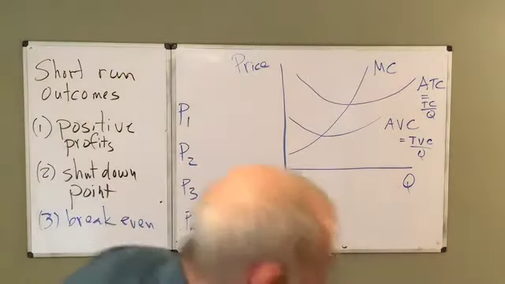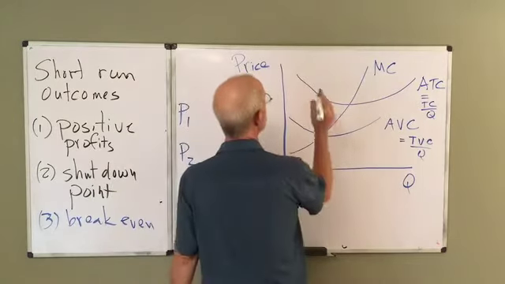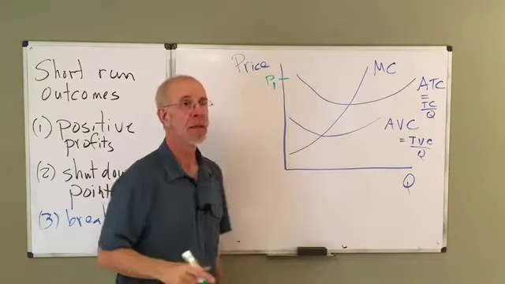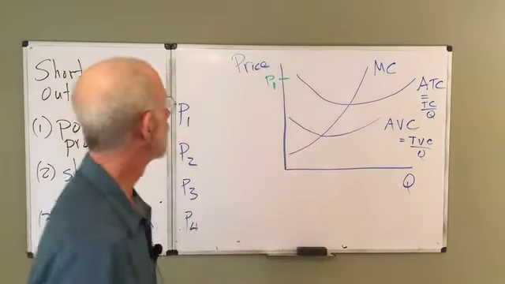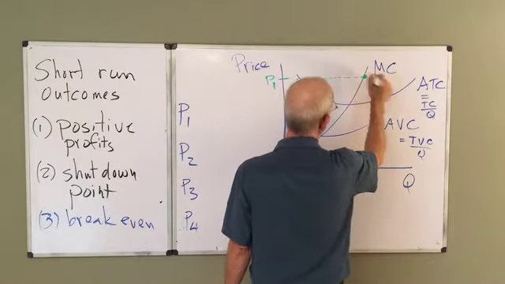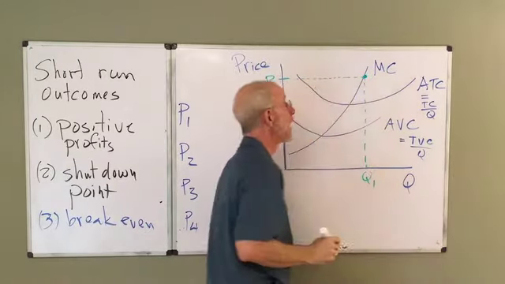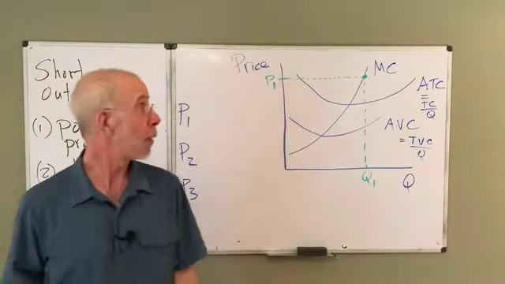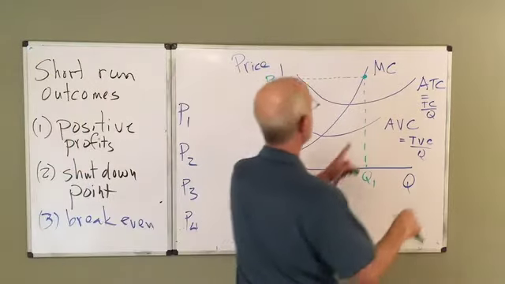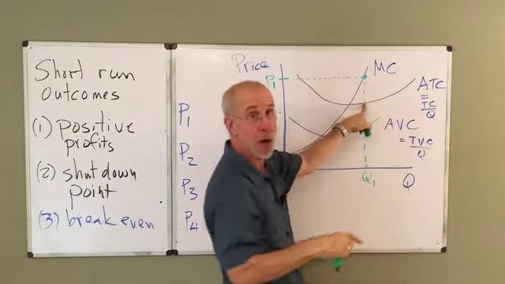Okay, so let's imagine first we've got a price of P1, a relatively high price. Now, if this is a competitive firm, it will choose to output based on going to the marginal cost curve and going down. One of the things that you notice about this is at that price, the price exceeds the average total cost.